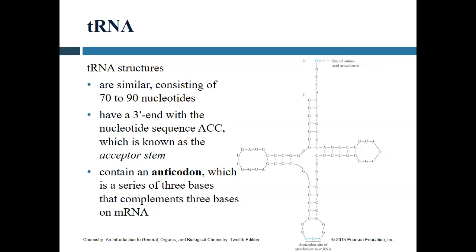And that complementary base group codes to a specific amino acid. So again, we'll focus on that when we get more towards the translation side as opposed to just the transcription side.